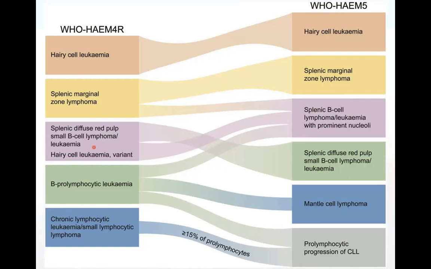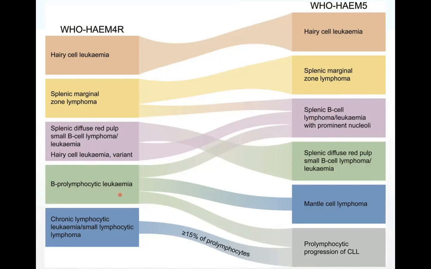The third category is what I said, these two included in the splenic B-cell lymphoma/leukemia unclassifiable, that's diffuse red pulp and hairy cell leukemia variant. So this diffuse red pulp is now a separate entity, so it will be classified as that, while this hairy cell leukemia variant will go into the splenic B-cell lymphoma/leukemia with prominent nucleoli.